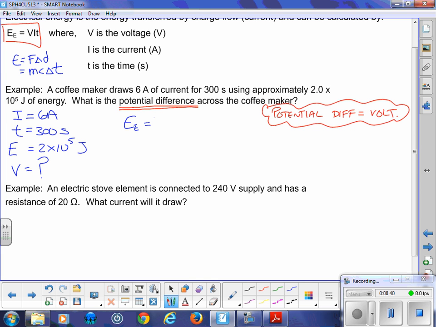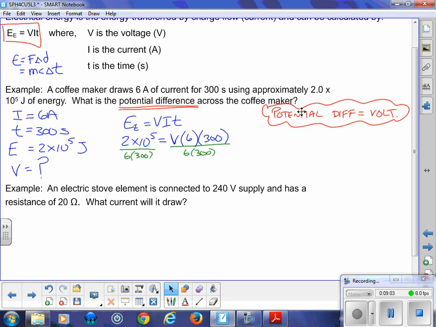E equals VIT. So substituting in, we're looking for V, multiplied by the current. So current in this case is 6 for 300 seconds. To solve that, we want to get V by itself. We're going to divide both sides by 6 times 300.